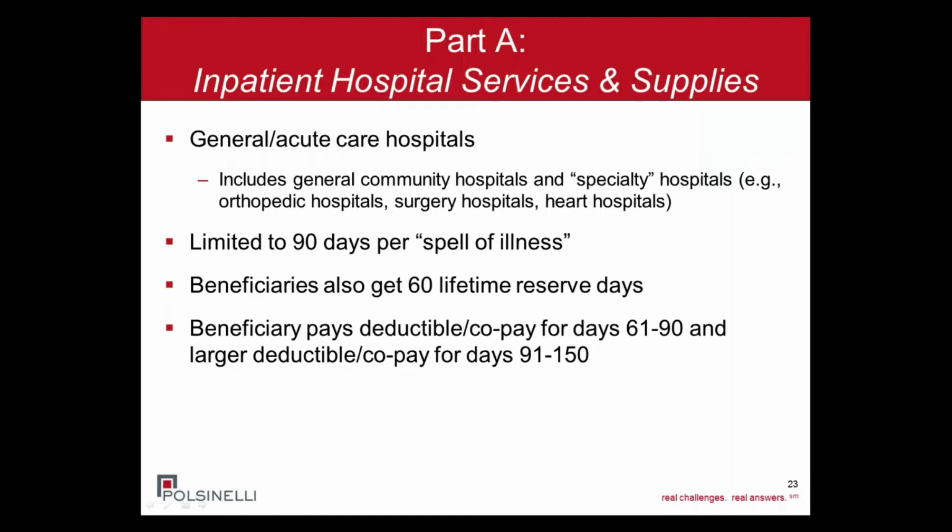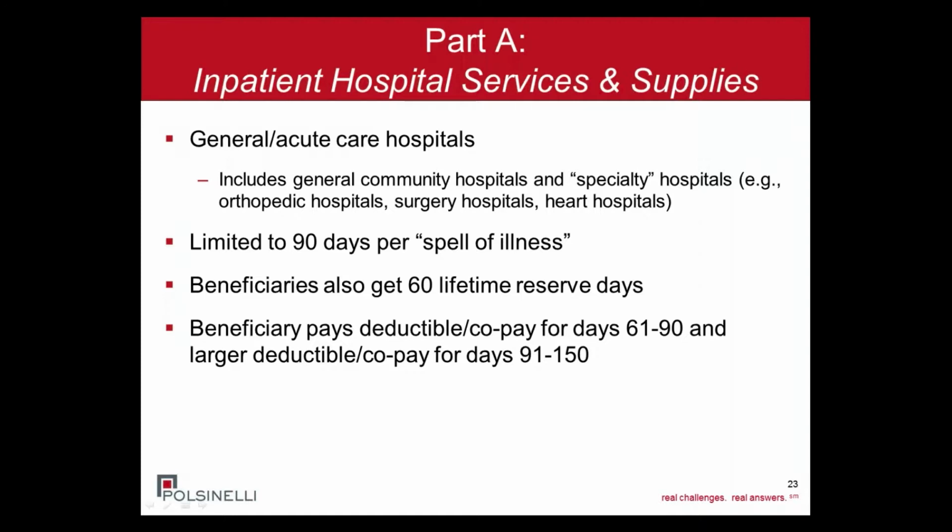There are other types of hospitals that have a different payment structure, so we need to make sure we know what type of hospital we are. So general community hospitals and certain specialty hospitals are covered under the inpatient hospital payment rules, and then we'll talk about the other types of facilities in a moment.